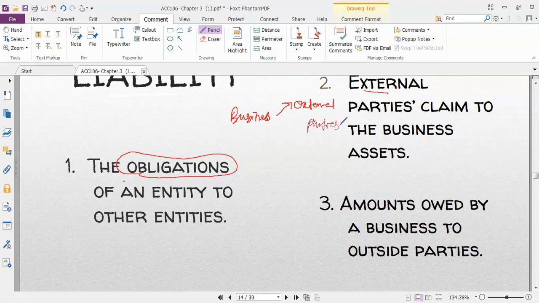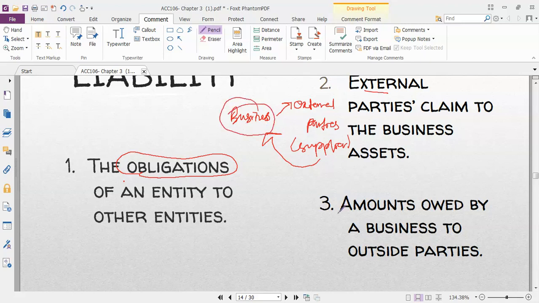Okay, sebagai contoh, external parties ni siapa? Kita pinjam dengan supplier ke? Okay, maksudnya kita ambil barang daripada supplier tapi kita belum bayar duit lagi. So, dia boleh jadi macam tu. Okay? So, supplier ni ada hak untuk dapatkan aset business lah. Maksudnya external parties ni berhak untuk dapatkan bayaran balik daripada business. Okay? Itu maksud yang kedua.